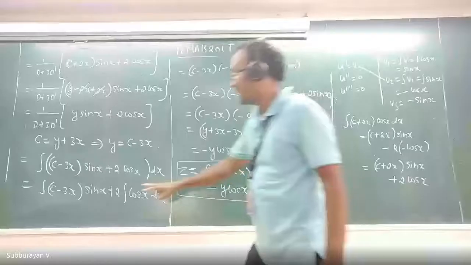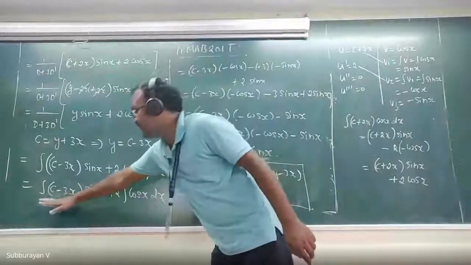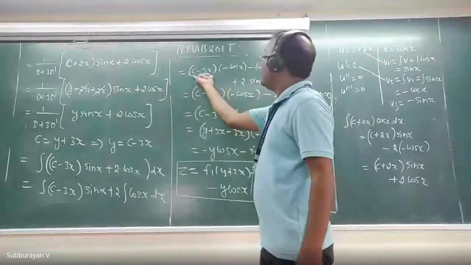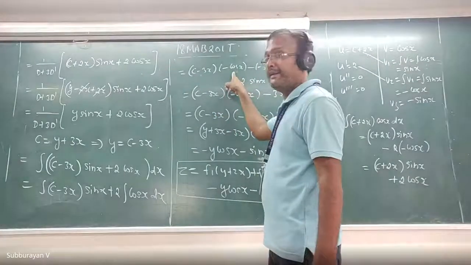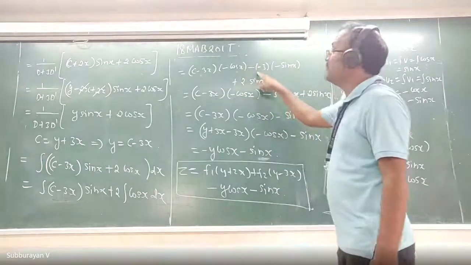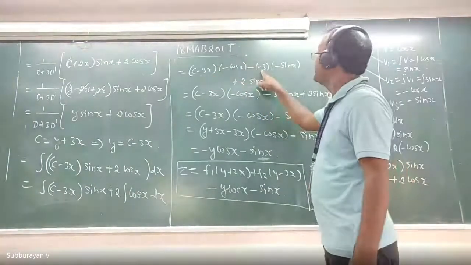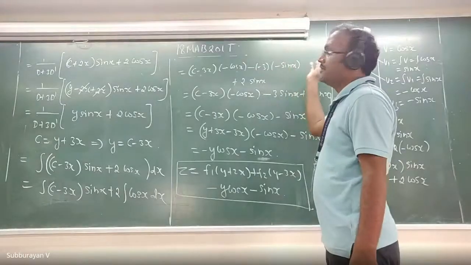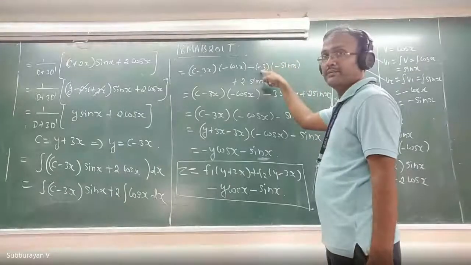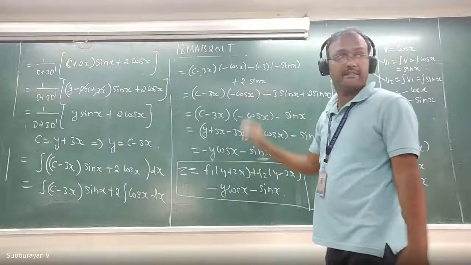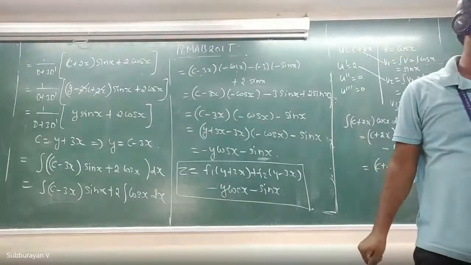See, I'm choosing this as u and this as v. Therefore, what will I get? u v1 minus u dash v2. The next term will be 0 because if I differentiate, this will be 0. Okay, sir. We applied the formula. Okay, got it? Yes, sir. Thank you.